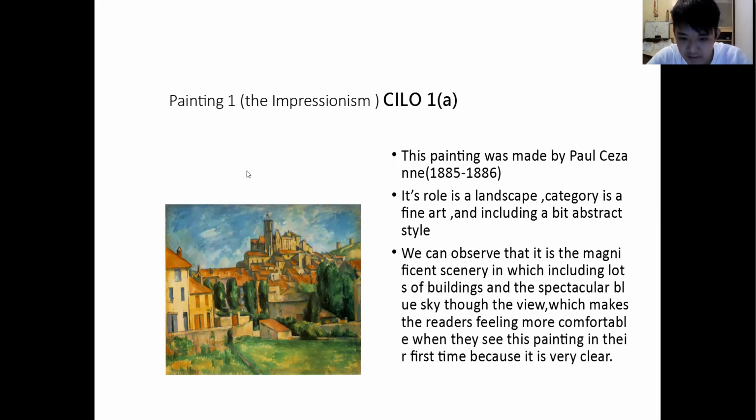The spectacular blue sky and the grassland, and the major part is the town, the ancient town, and the buildings are very historical and full of the European building style.